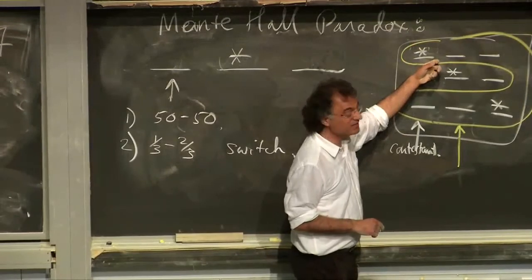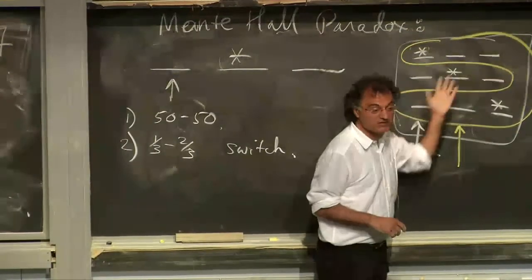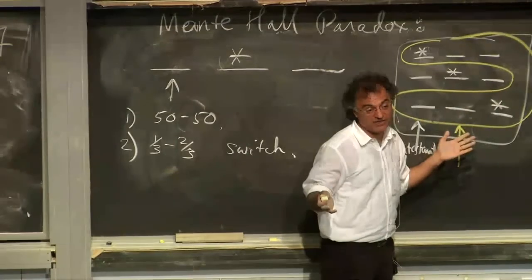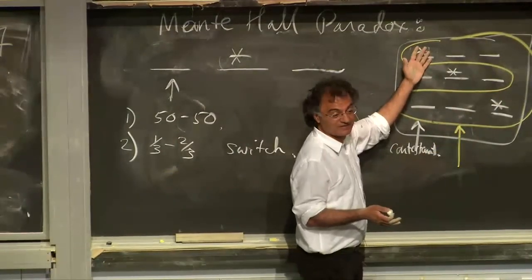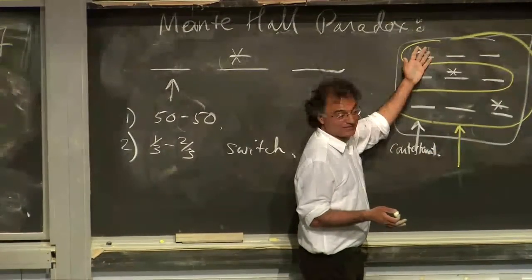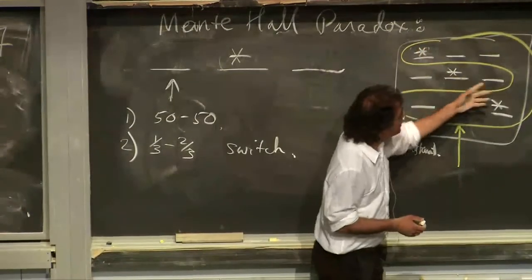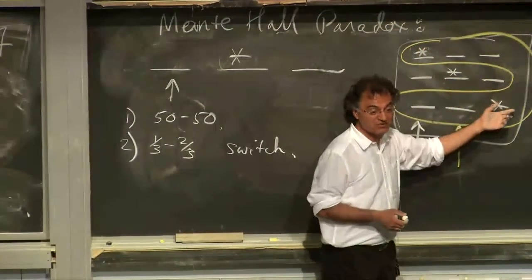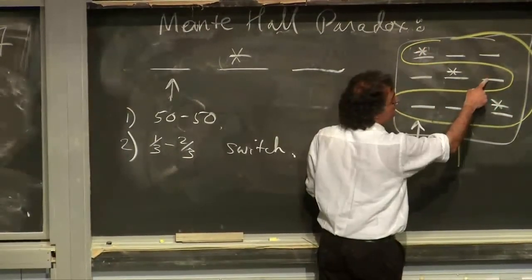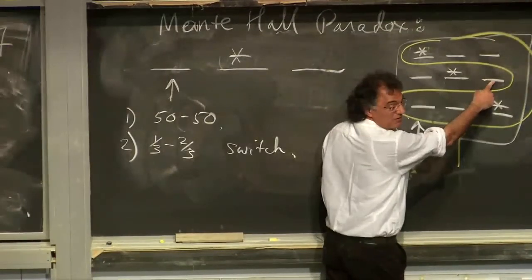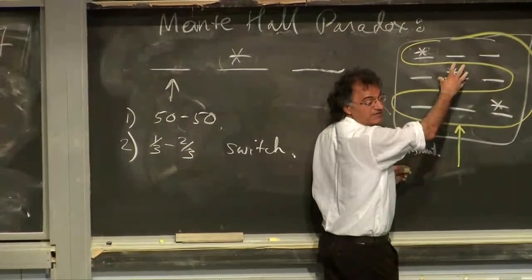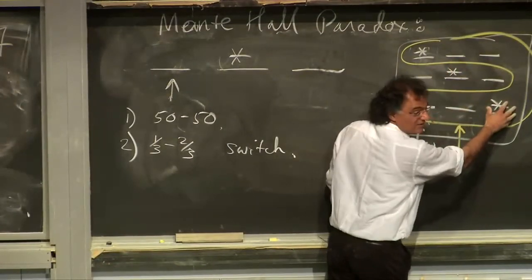What's the probability it's behind the other door? Well, he opened one of the other two doors. So now where else could it be? If it's 1/3 here, where else could it be? Well, it depends whichever was the other door that was not open. So in this case, this would be the open door, so this would be where the prize is. In this case, it would be here, right?